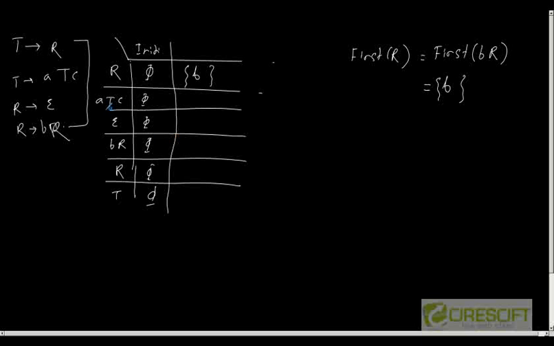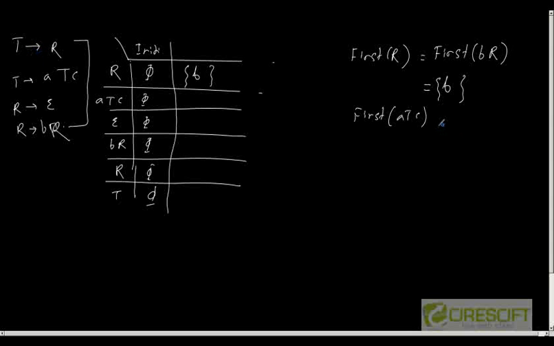What is the first of ATC? So just to let you know, both R and T are nullable, because R is nullable, R can generate an empty string, and T is also nullable. So what is first of ATC?